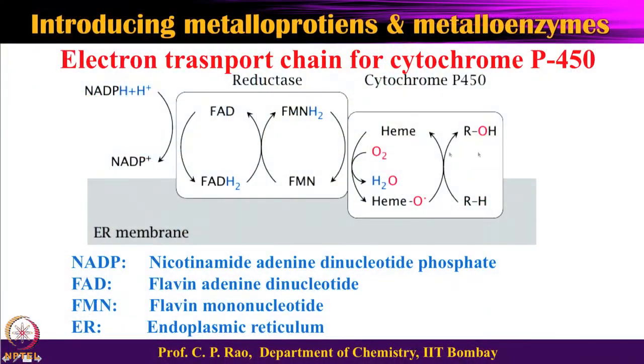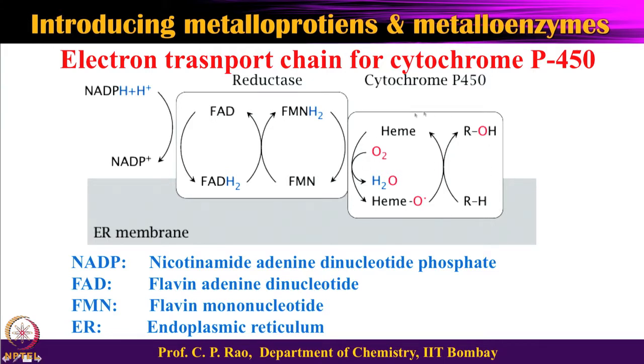Having studied some basic aspects of the cytochrome class and cytochrome P450, let us look at the electron transport. In this particular scheme, you have three portions we are talking about.